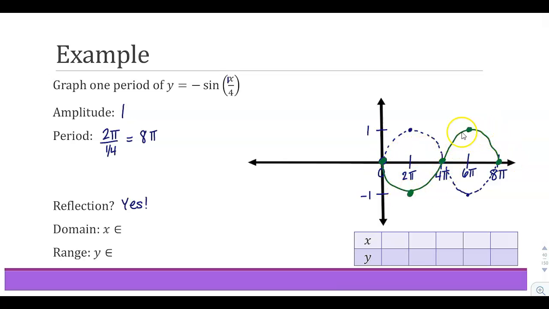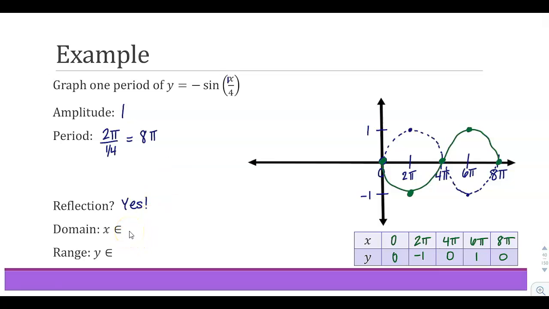So this solid graph is the graph of negative sine of x over 4. And we'll make sure we know exactly what points we're talking about. So 0, 0, we have 2 pi, negative 1, 4 pi, 0, 6 pi, positive 1, and 8 pi, 0 as my values on the actual final graph.